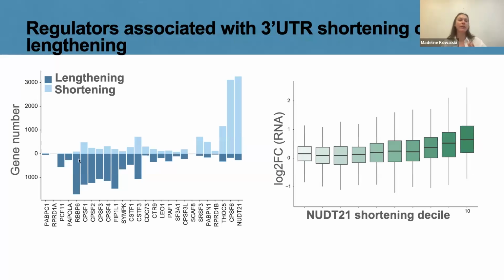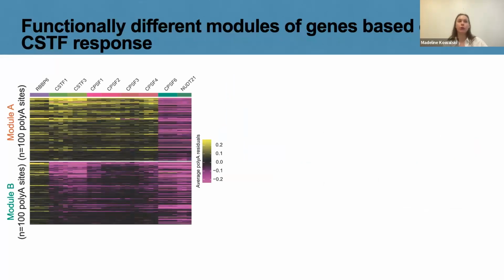And while most regulators had a strong bias towards either shortening or lengthening, we also identified a subset of regulators, in particular CSTF, that had a more intermediate phenotype, more balanced between shortening and lengthening. To dig into this further, we considered genes that were responsive both to cleavage factor 1 perturbation, shown in these columns, as well as CPSF and CSTF perturbation.